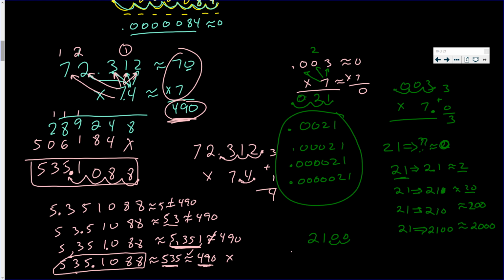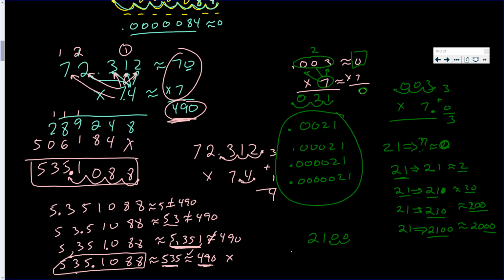If it's close to 20, I know the answer is just 21. Close to 200, 210. Close to 2000, 2100. But if it's close to 0, I don't know. Here, one of the numbers was close to 0 and that was not, but I still don't know the answer. So you have to count if one of the numbers is near 0.